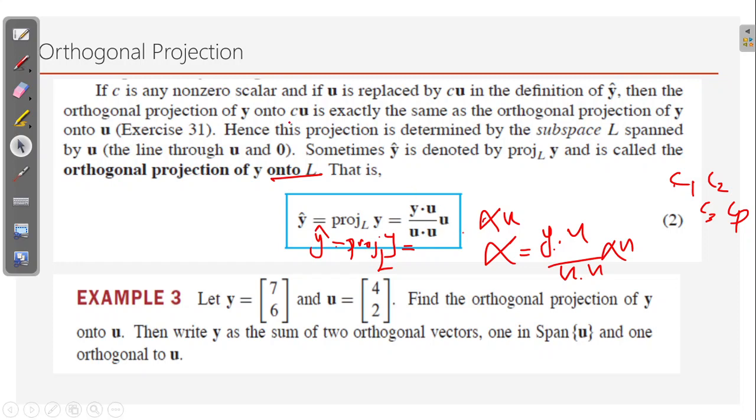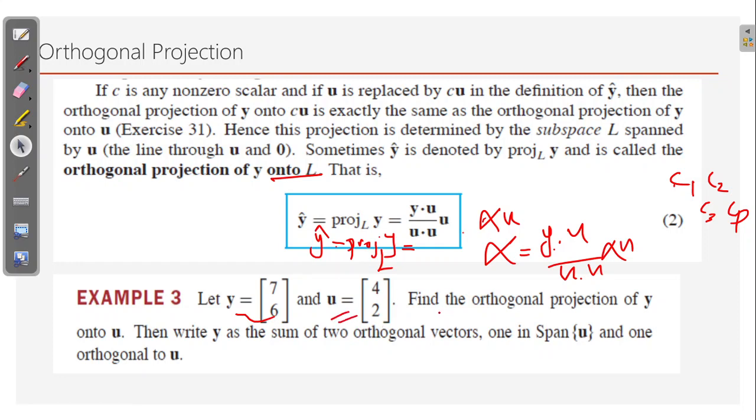Now we will explain all these discussed concepts with a sum. Let a vector y in R2 be given by this matrix, and u is given by this.